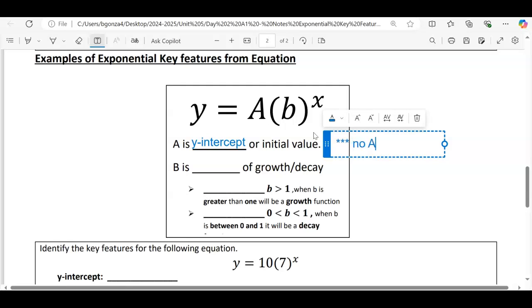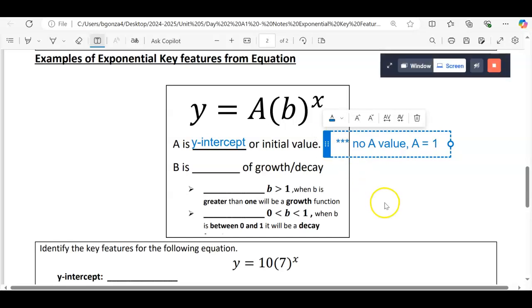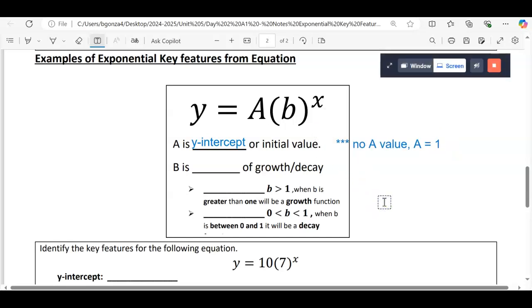If there's no a value, that means a equals 1. This was like first week of this class, right here. When there's no number in front, that means there's a 1 in front. Right? Look up here. Invisible one. No number in front, that's a 1. Okay? So again, a is your y-intercept, and then write this down. If there is no a, a equals 1.